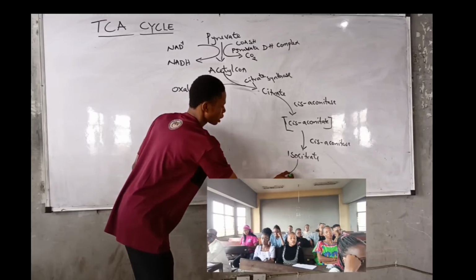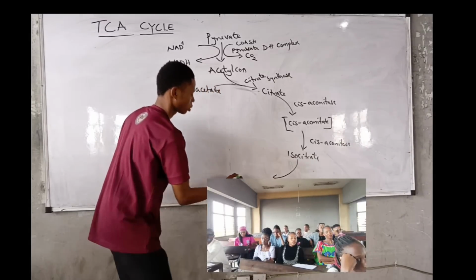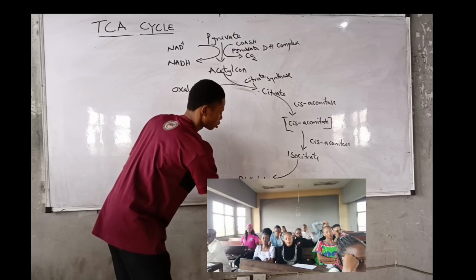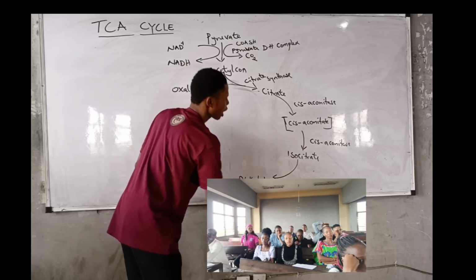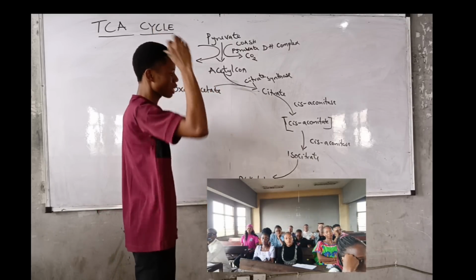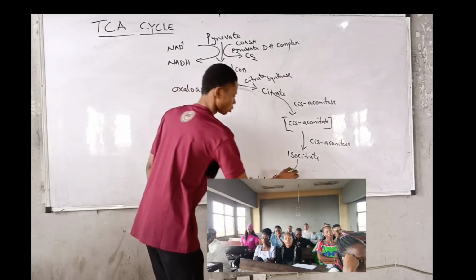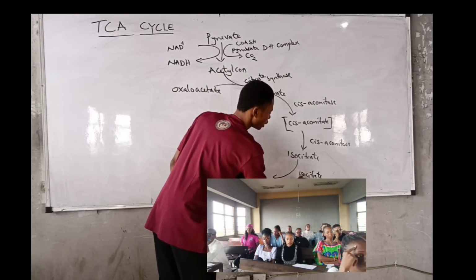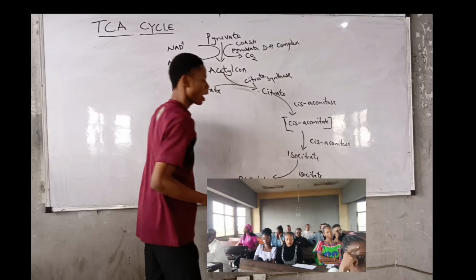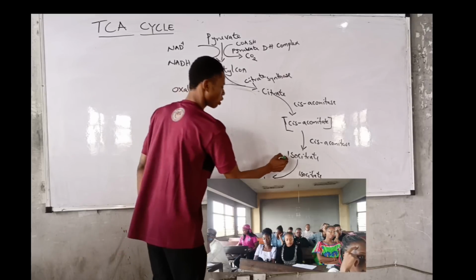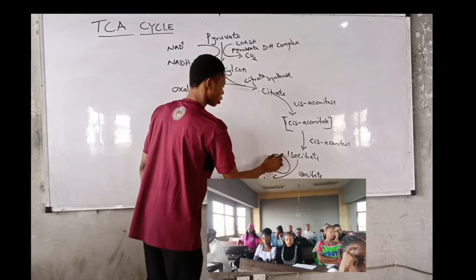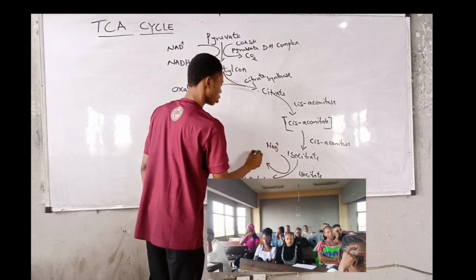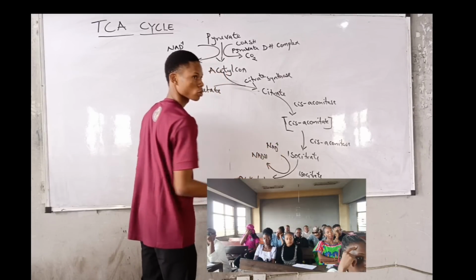Now from isocitrate to alpha ketoglutarate, the name of the enzyme catalyzing this reaction is isocitrate dehydrogenase, right? And with dehydrogenase, NAD plus is converted to NADH.